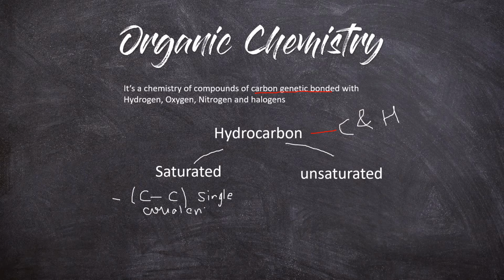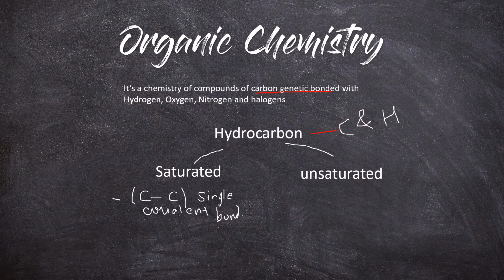Just remember this in your mind: a saturated hydrocarbon is one in which carbon atoms are bonded together by single covalent bonds, C-C only. You can say it like that.